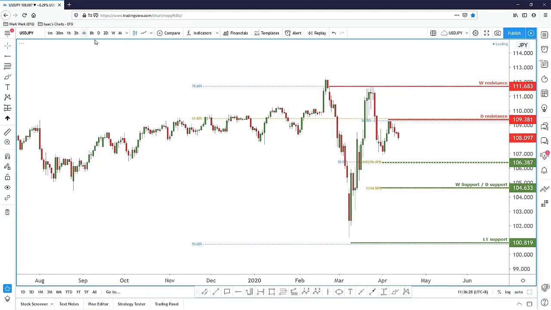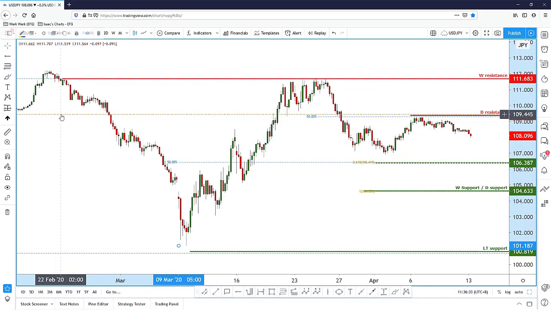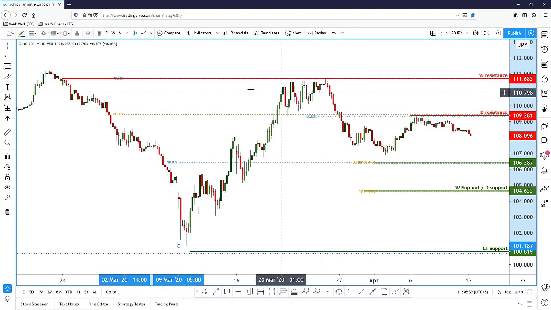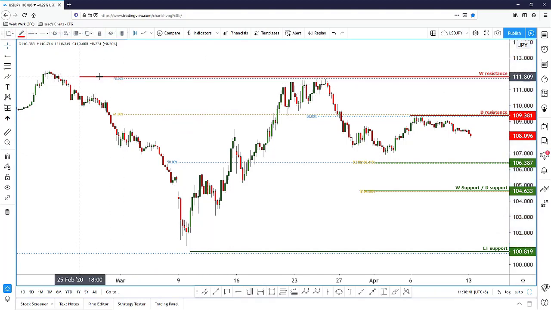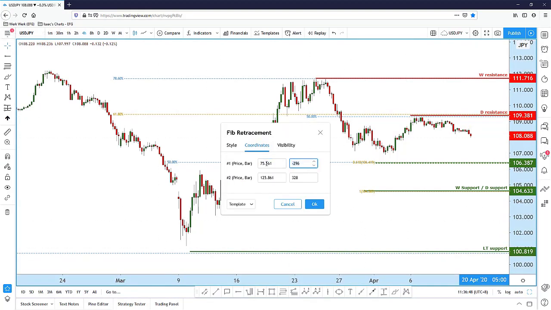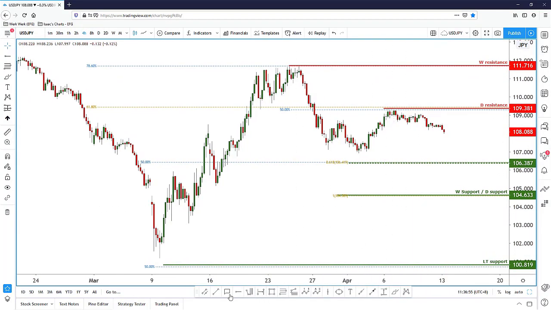Let's go down to the 4-hour, and let me tidy this chart up for you. Okay, so now we have all these levels, and we see that price is still in a descending trend line, descending trend environment.